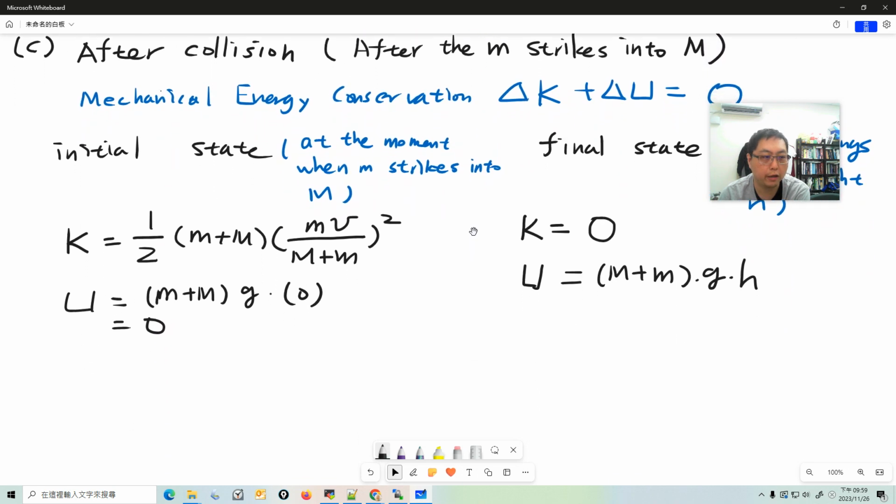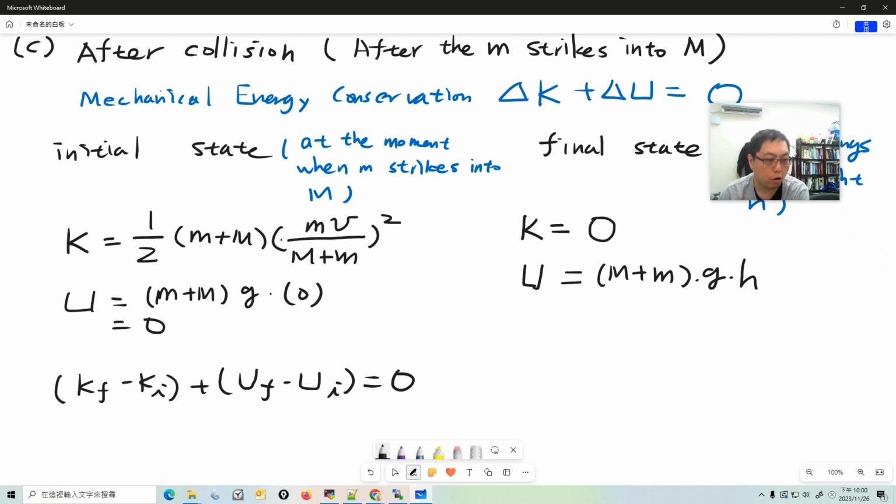So K final state minus initial state. Final state kinetic energy is 0 minus, I should write more detail, K_f minus K_i plus U_f minus U_i equal to 0.